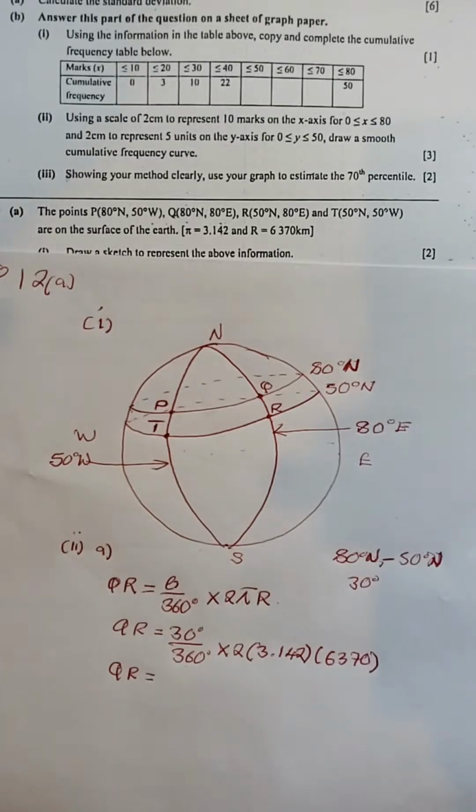Okay, so if I use my calculator here, 30 divided by 360 multiplied by 2 times 3.142 multiplied by 6370.